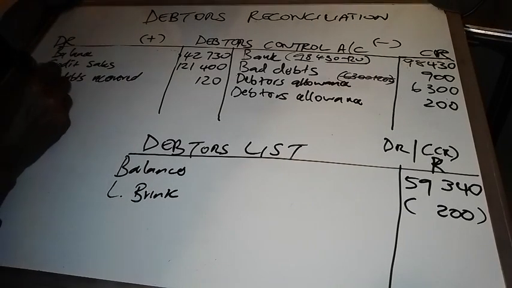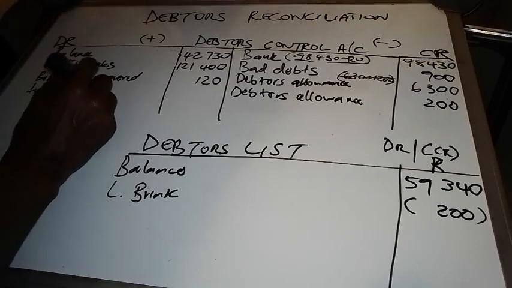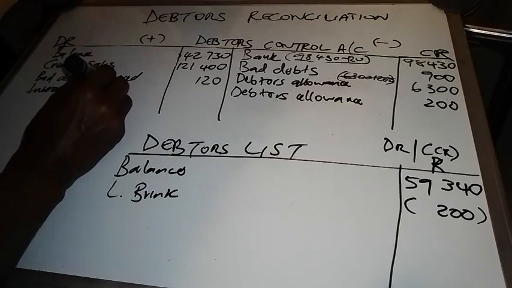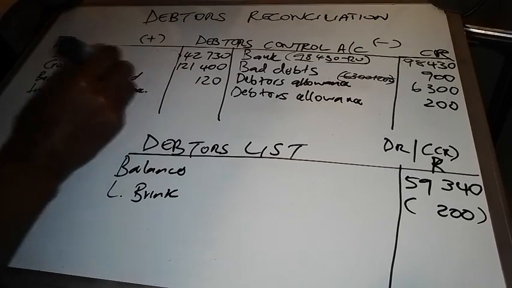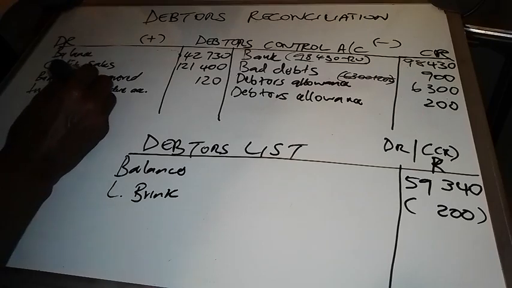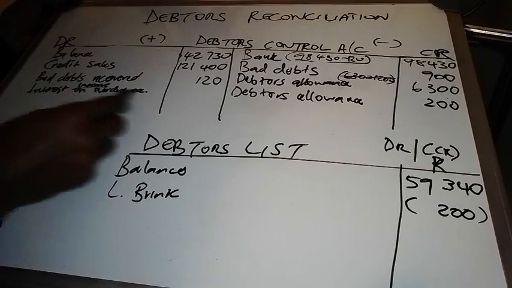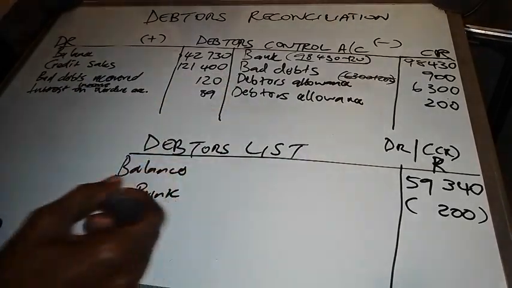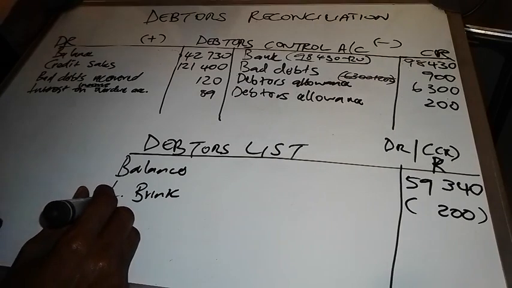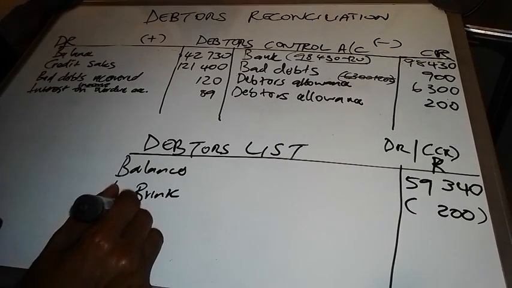So you just say interest on overdue account, or you can just say interest income or interest received instead of this long. This is interest income, 89 rands. So we also write it here. Who is it? It's Elements, right?